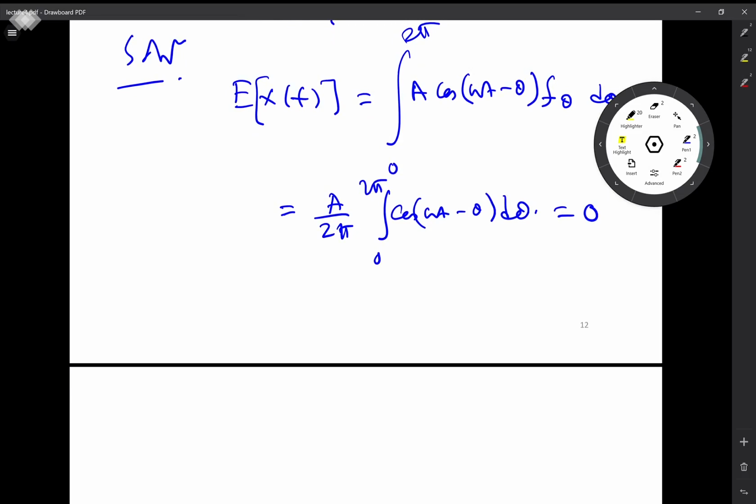Then let's see whether another condition is satisfied. We need to calculate E[X(t) X(t+τ)].